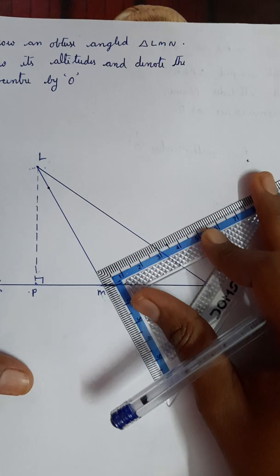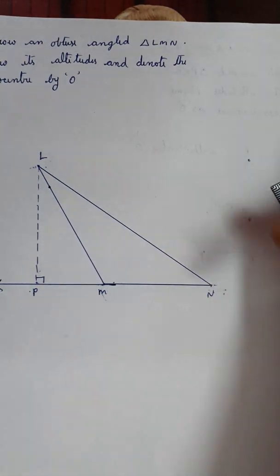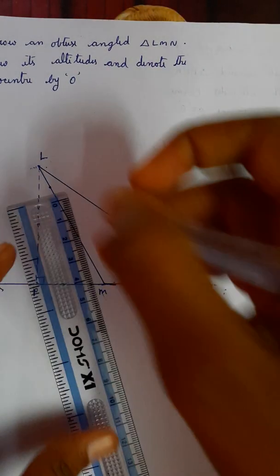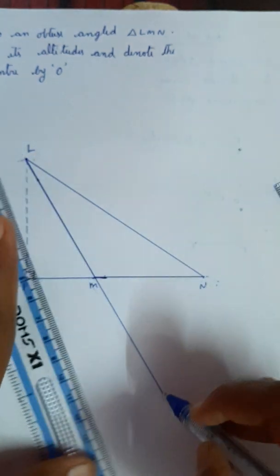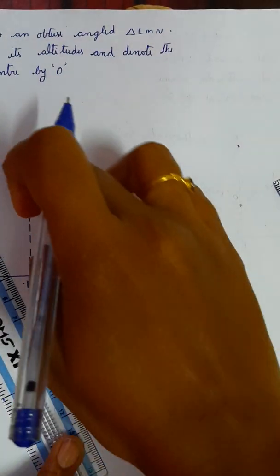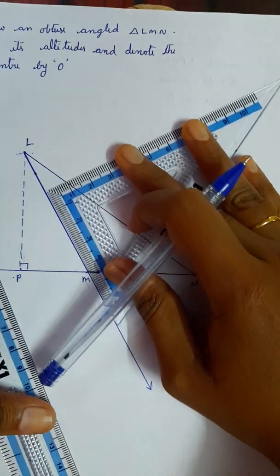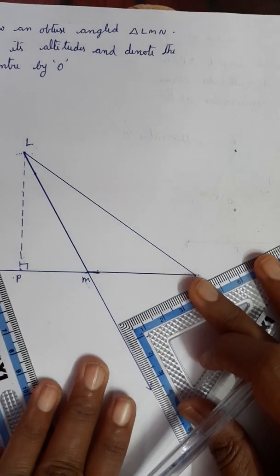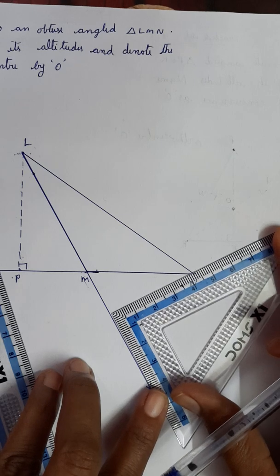Just drag. See, it goes outside, correct? So whatever line we are considering to keep our set square on, just extend that side of the triangle. Okay, so now you keep the set square and drag till the perpendicular height of the set square meets N.